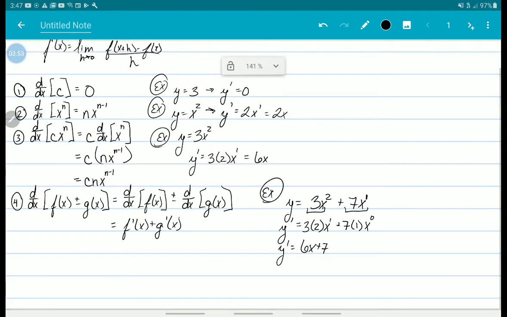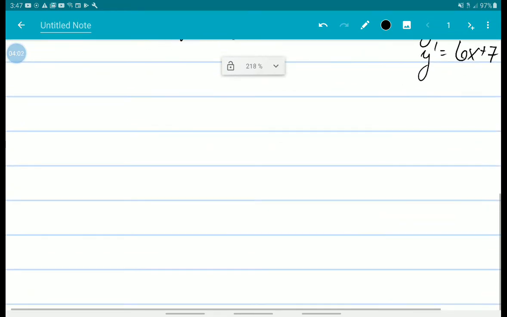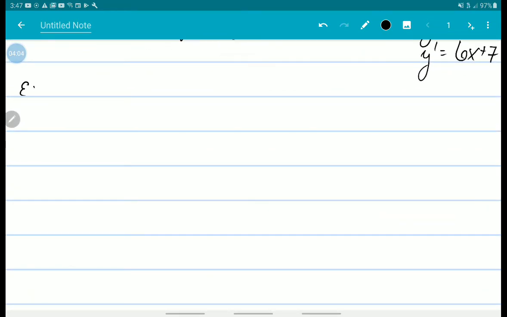So what I want to do is just work through a few examples of using these derivative rules. So we'll start out with a few basic ones, and then we'll make it more fun. Directions are going to say find the derivative.